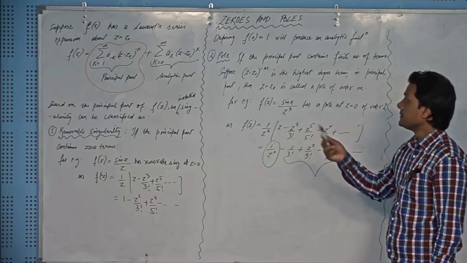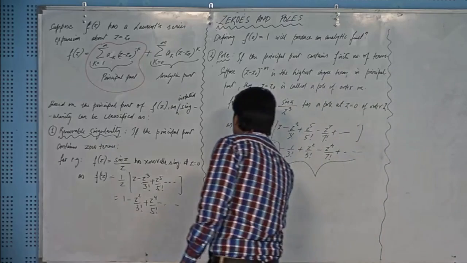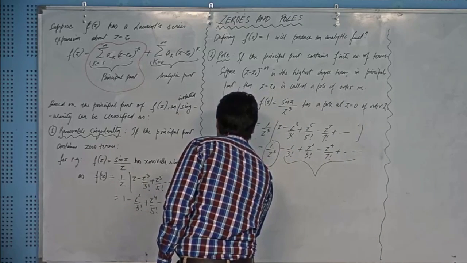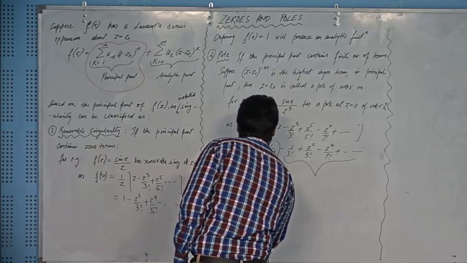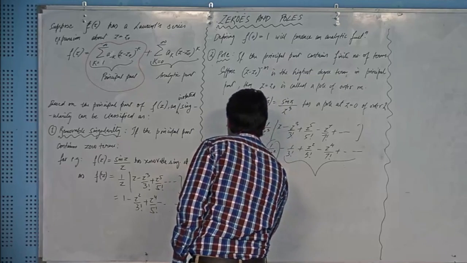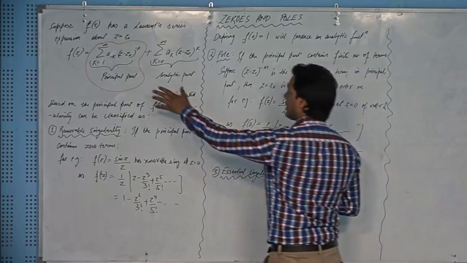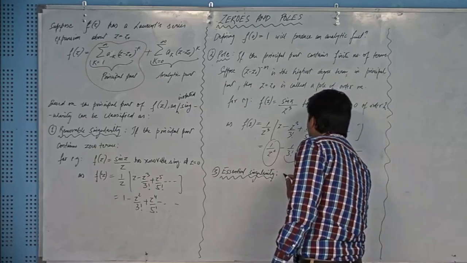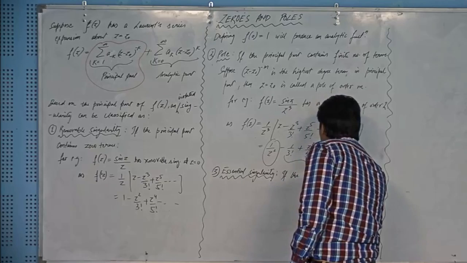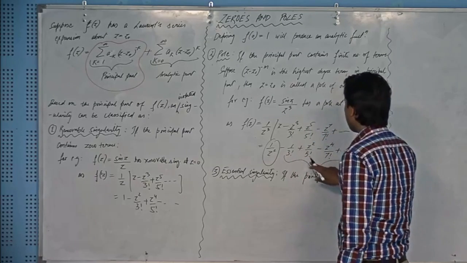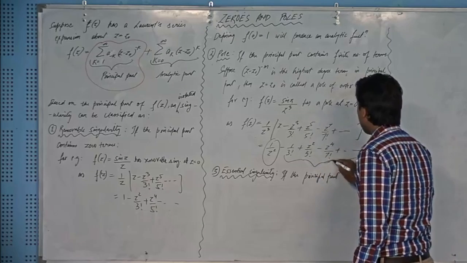Okay, now taking the third category, that is essential singularity. Essential singularity, right? And again, focusing on this principal part, if this principal part, this is actually analytic part, this one.